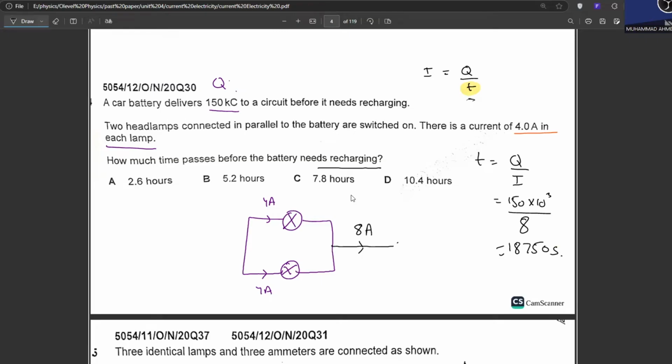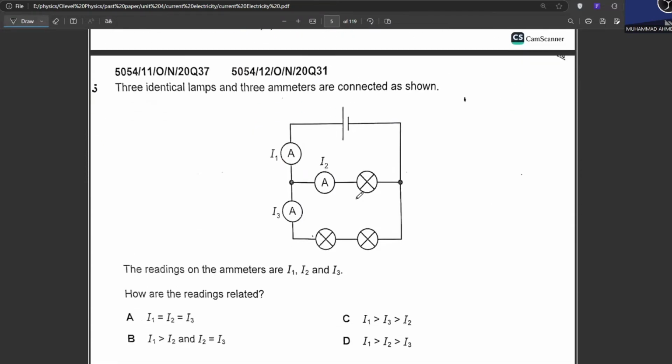But you don't see any answer like that here. You can convert these seconds into hours. 18750 divided by 3600. Whenever you have to convert from seconds to hours, you divide it by 3600. 2.5 hours is your answer. B is your answer. Let's further move ahead.